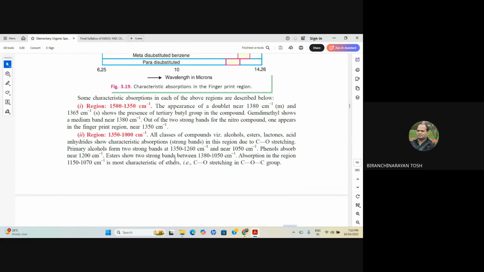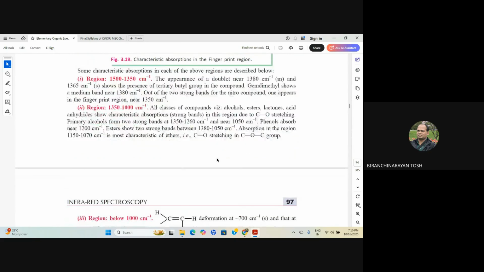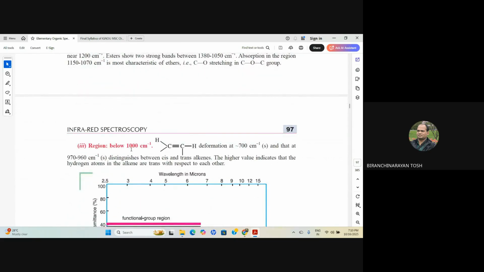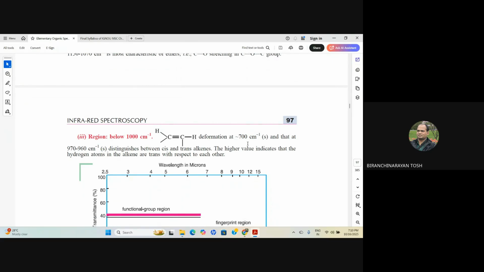Besides that, you will get a strong band between 1380 to 1050 for esters. And below 1000, you will have the deformation of the carbon-carbon double bond, around 970 to 960.